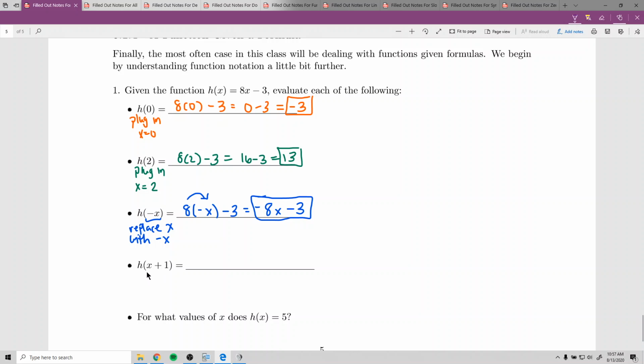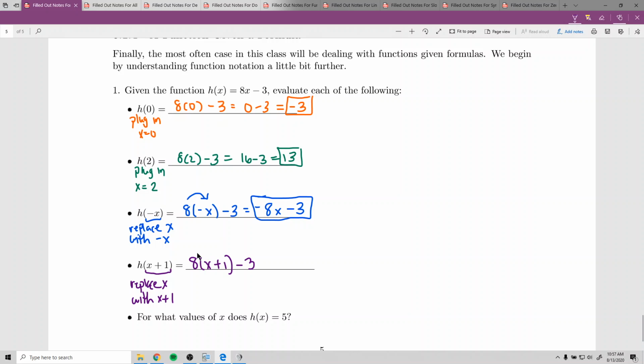And then the next one here has x plus 1 inside. So we want to replace x with x plus 1. Right? Do not just do plus 1 at the end, because that is very wrong. What you want to do is, in place of our x, we have x plus 1. So we got 8 times x plus 1 minus 3 on the outside.